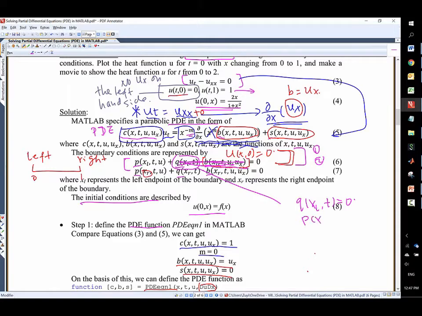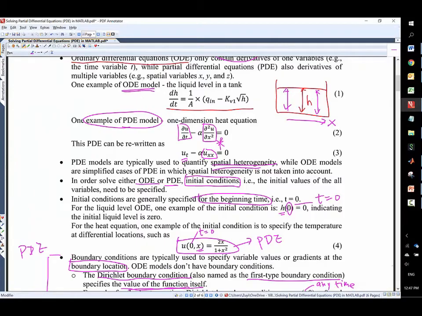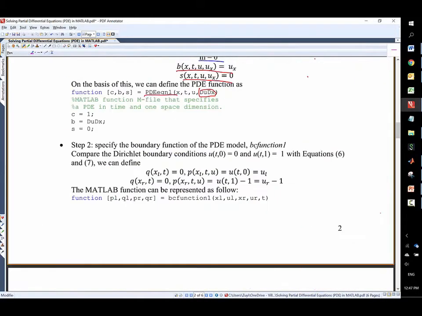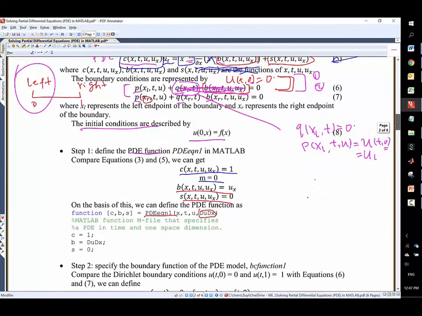So we get p as l(t, u) equals u. Now x equals 0, and we call this one u l. L means left, and 0 means left. That's why we get q as l(t) equals 0, then p as l(t, u) equals u l. Okay, right here.